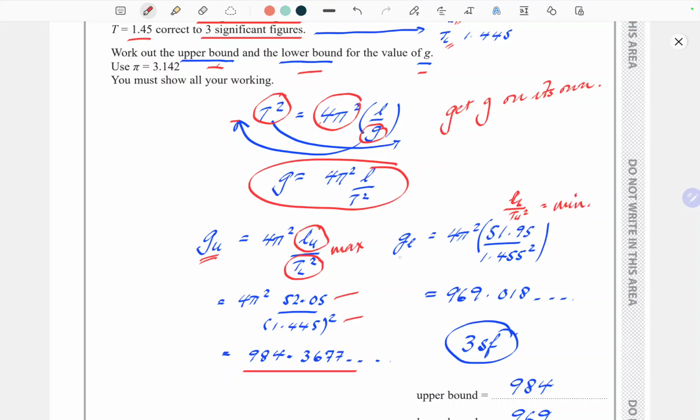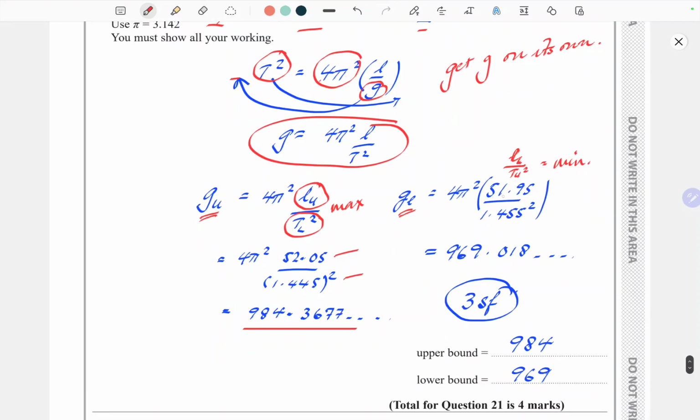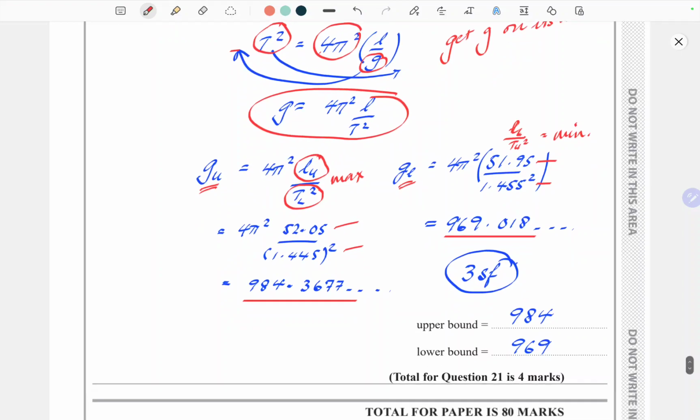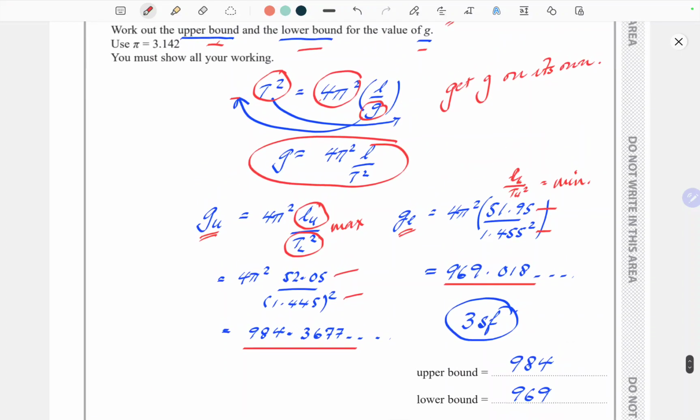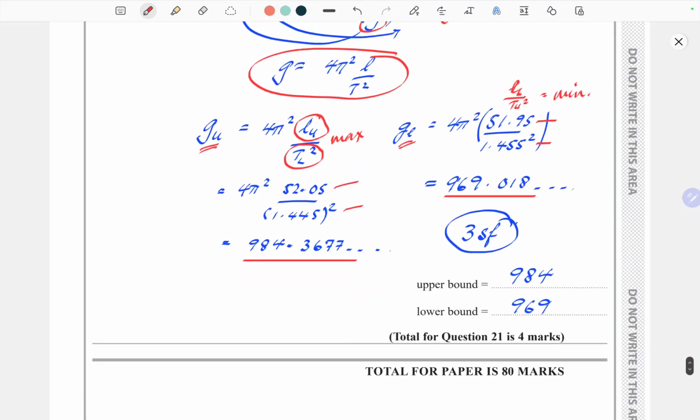So that will be the lower bound of g: 51.95 over 1.455 squared, and again the 4 pi squared, you get 969.018. To 3 SF is probably the limit here, because that's what the rest of the question was in. And that gives you 984 and 969. There we go.